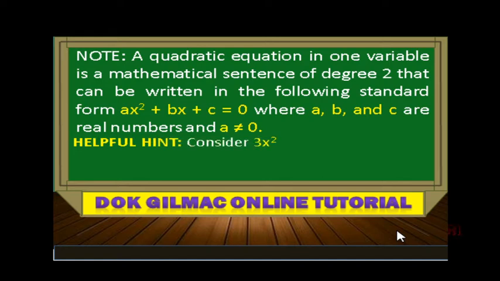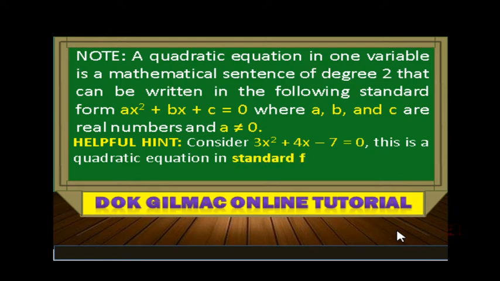Consider 3x squared plus 4x minus 7 equals 0. This is a quadratic equation in standard form where a equals 3, b equals 4, and c equals negative 7.